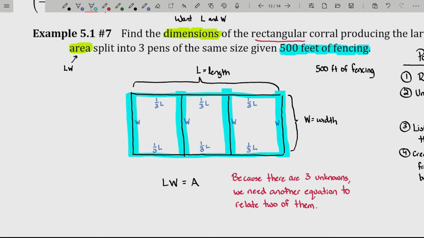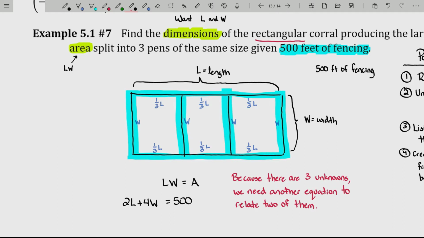The sum of all that highlighted length should be 500. That is L, this full length right here, plus another L, the full length down there, plus 1, 2, 3, 4 of those widths. 2 of the L's plus 4 of the widths. That should be 500. This is what you want.